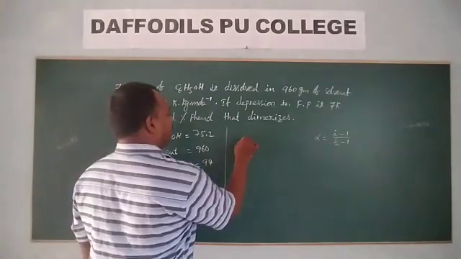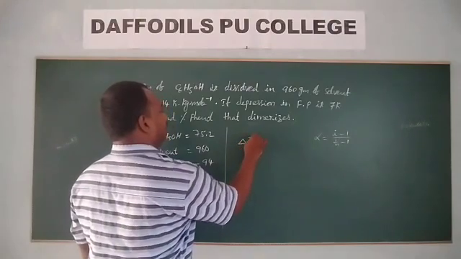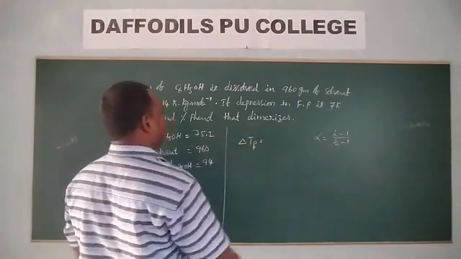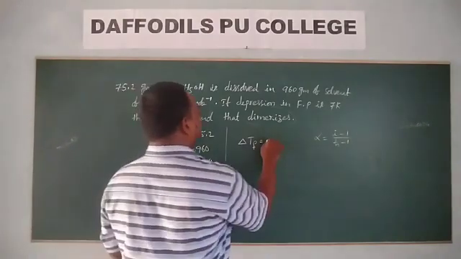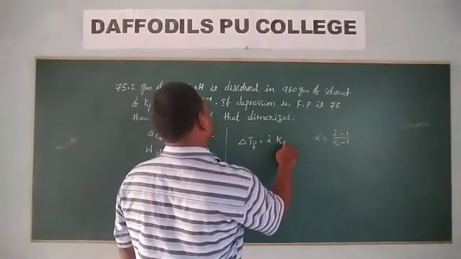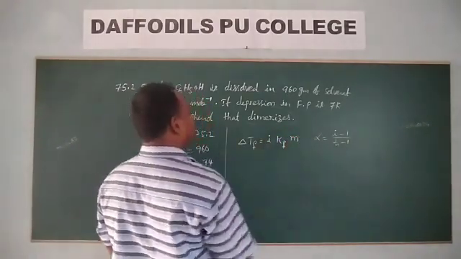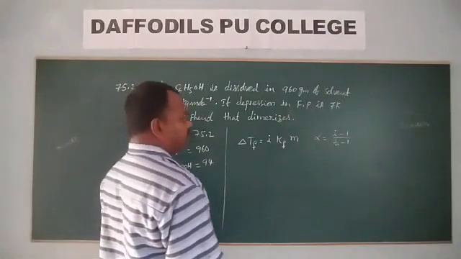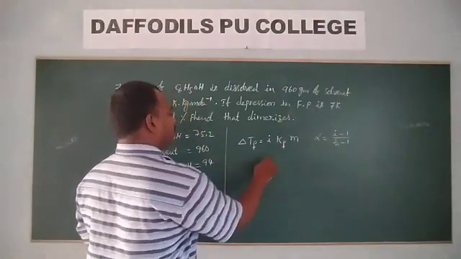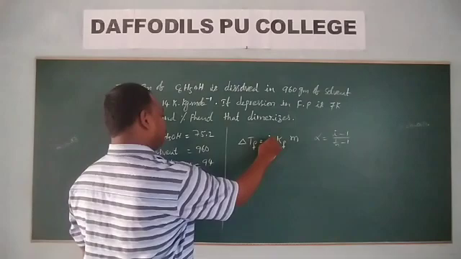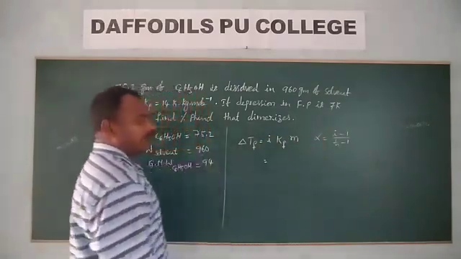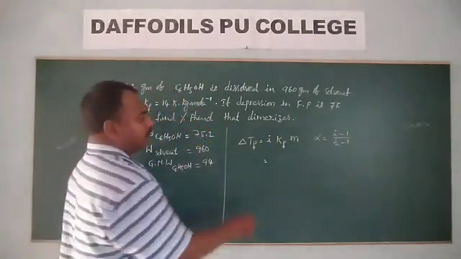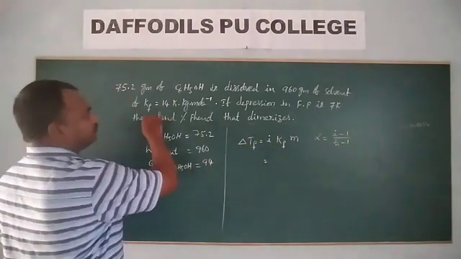To find out i, what is the formula? Delta Tf, the depression in freezing point, is equal to i into Kf into m. This is the formula which we have. So if you find out i, then we can find out the alpha. We know delta Tf.